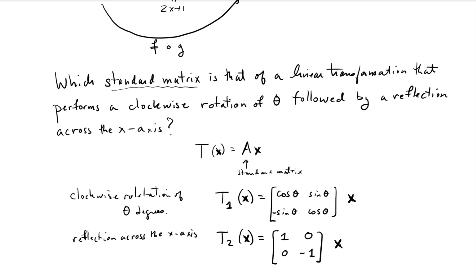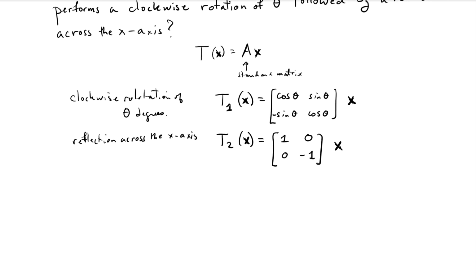And what we want to do is rotate and reflect. So graphically, essentially I want to take a point or a vector, rotate it by theta, and then reflect it. So it's a two-step process: rotate, and then reflect.